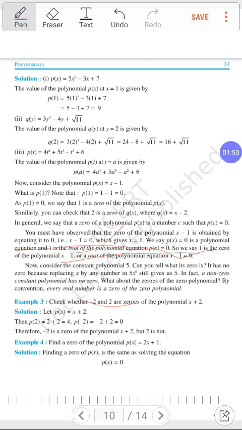If you will see just below, now consider the constant polynomial 5. Can you tell what its zero is? Last time I had explained this also. What is the zero? Okay, no, I had not explained about the zero of the constant polynomial.